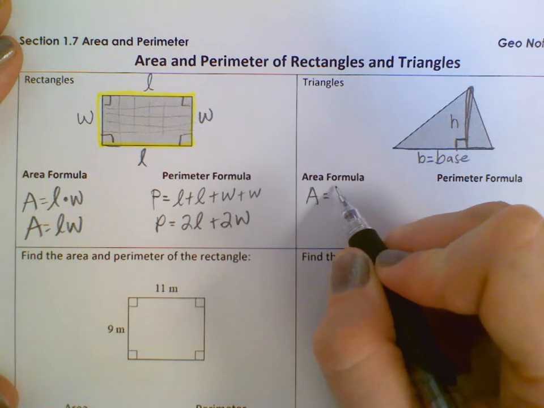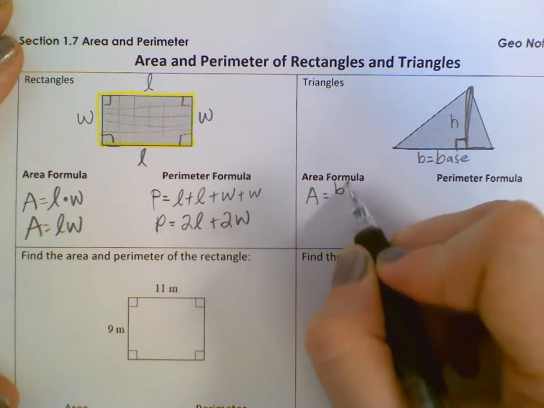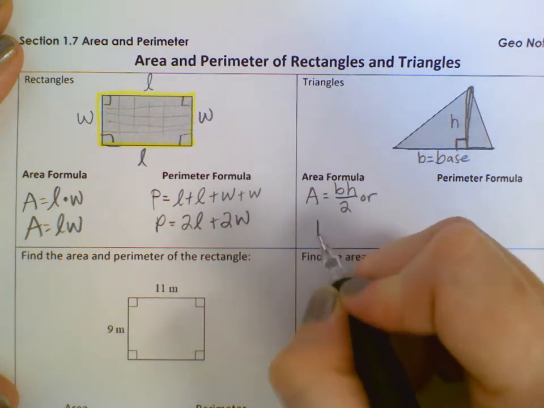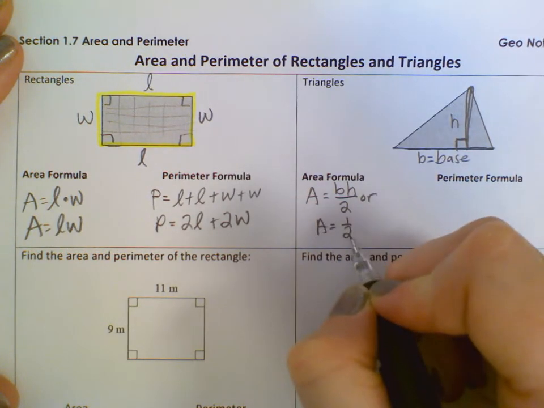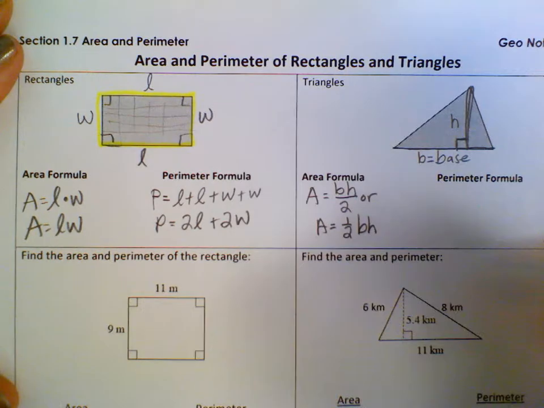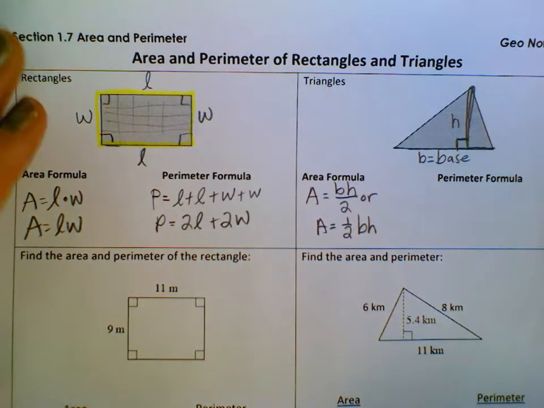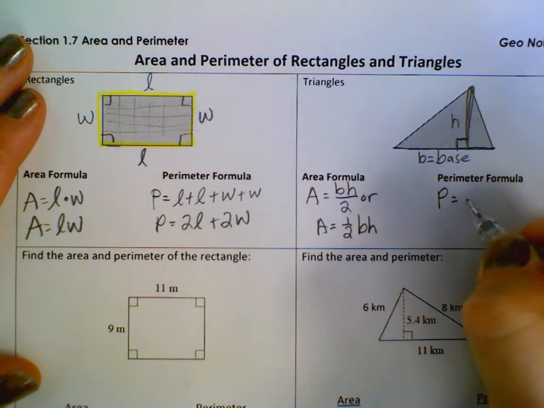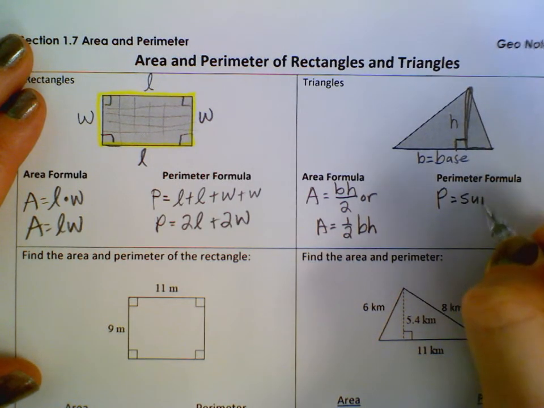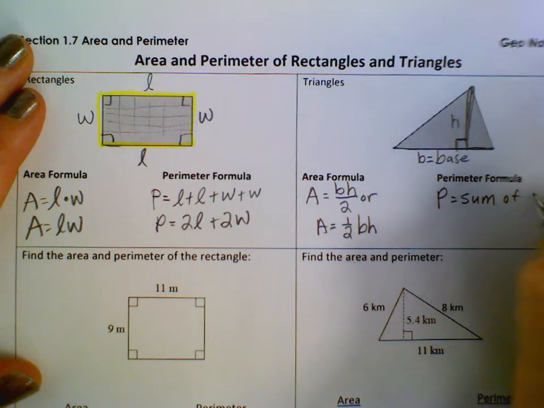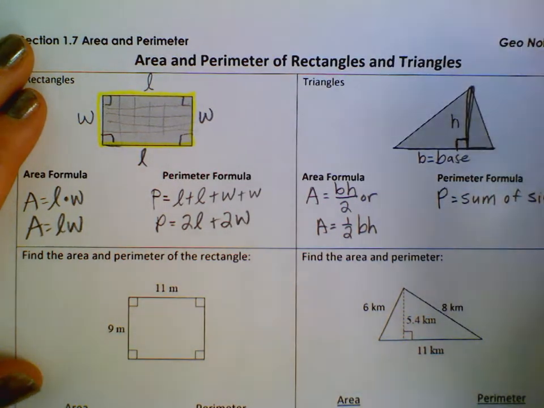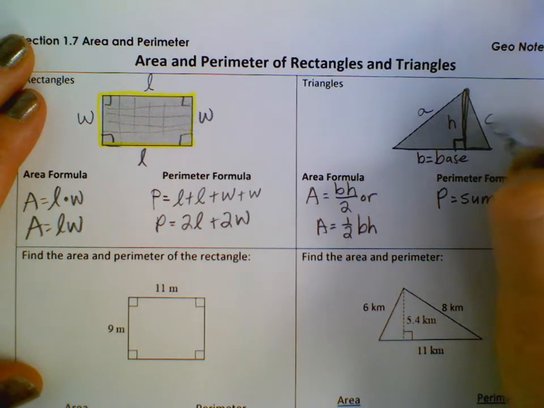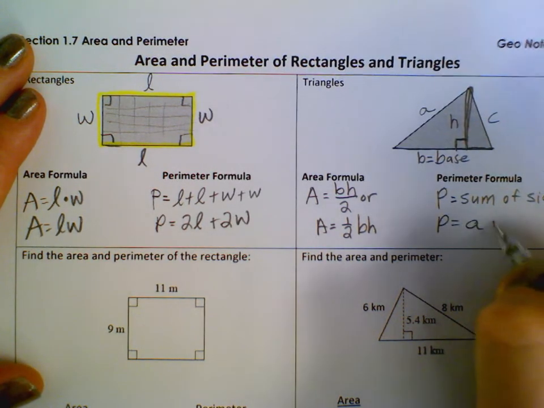All right, so 2 ways we see this formula. You can do base times height divided by 2, right? Or the other way is to do 1/2 base times height. Either one is fine. And then the perimeter is just when you add up all the sides. So usually you'll see it like this, the sum of the sides. Or if you want to give the sides labels A, B, and C, you'll just add those 3 sides up.